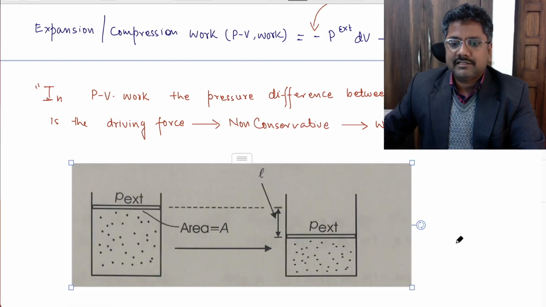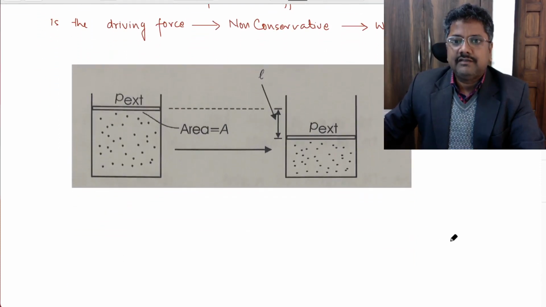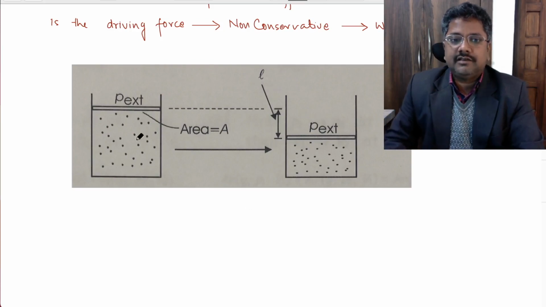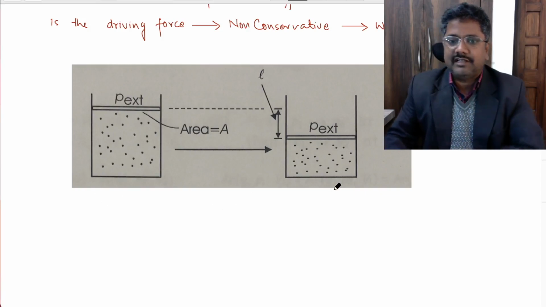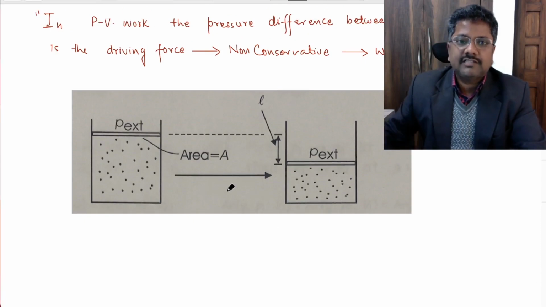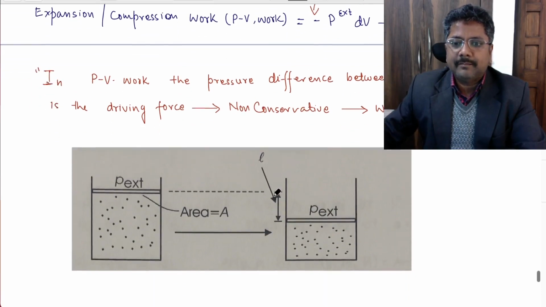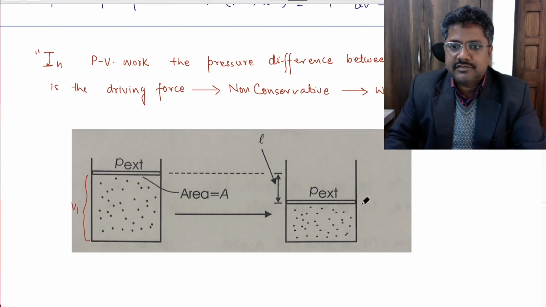Now we can see how we can visualize this formula. Suppose this is one system which is given to us. This is the initial state, and this is the final state. In this case, expansion or compression is taking place. Obviously compression is taking place. For expansion or compression, the formula is the same. Suppose this is V1 and this is V2.